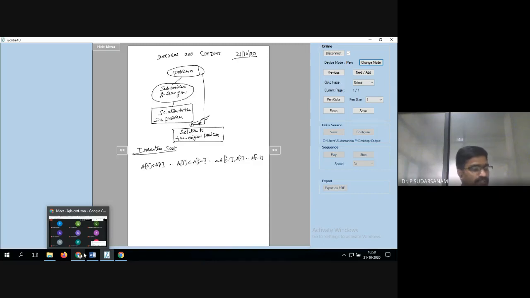For example, up to here, the values are smaller than or equal to A of i. Smaller than or equal to A of i values.